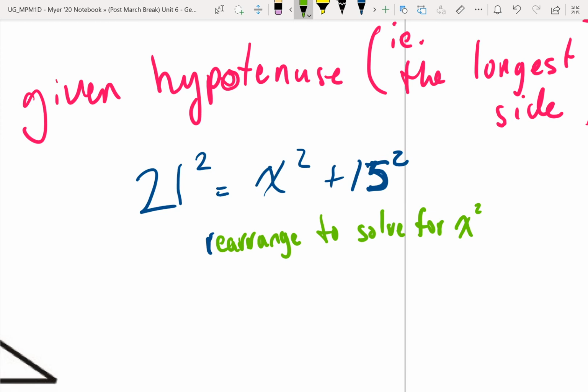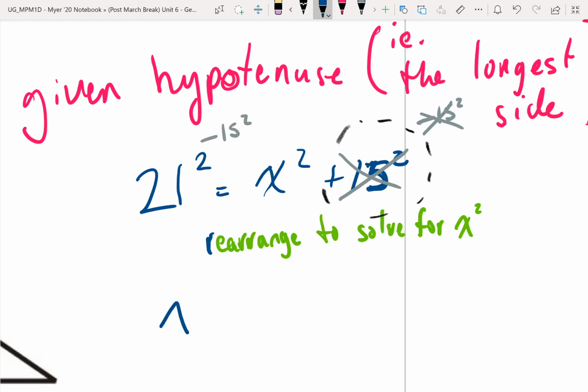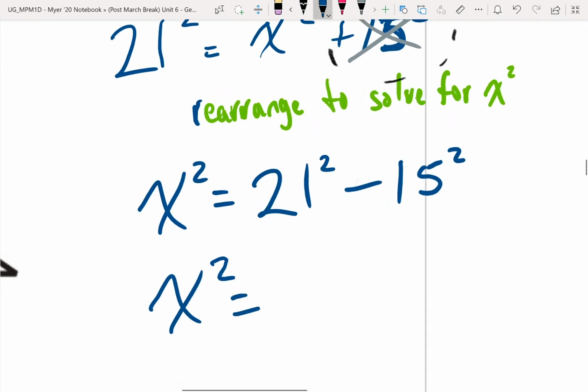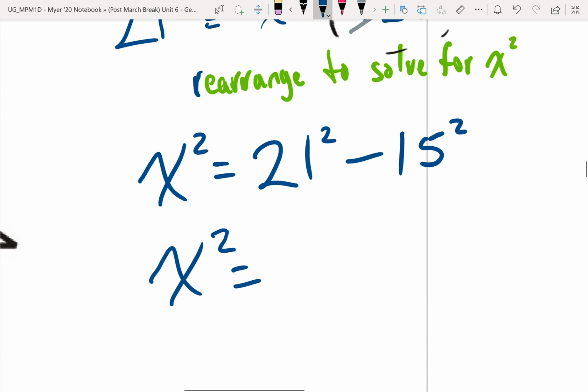We have to get rid of this 15, so we're subtracting 15 squared. That gets rid of this one, but if it goes on that side, it goes on this side as well. So x squared is equal to 21 squared minus 15 squared.